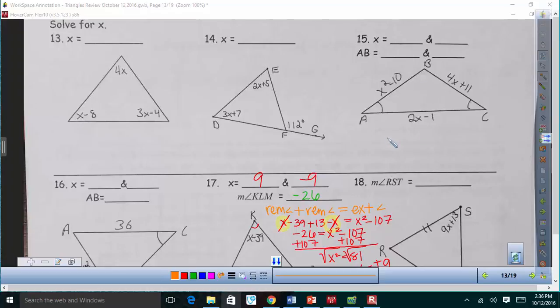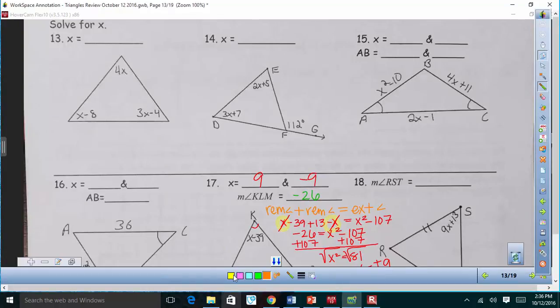It's only when we're looking at angles. These are sides. So since we're talking about sides, we have to look at the information that's given. The thing that sticks out to me here is this and this. What does that mean? Okay, it means that I have two angles that are congruent, which means the opposite sides are congruent.